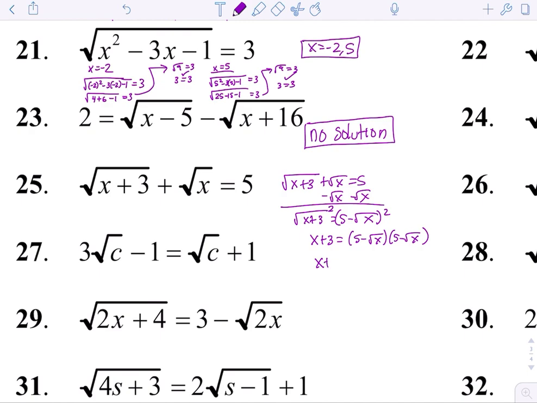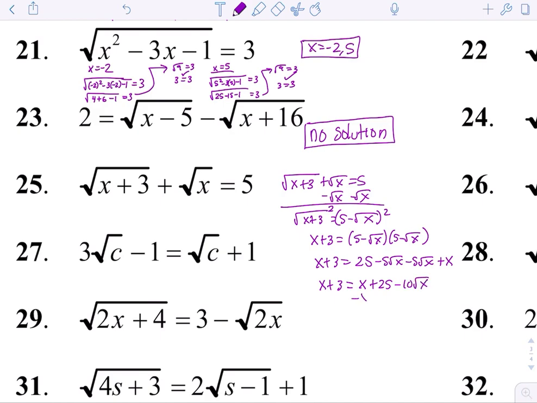We get x plus 3 is equal to 5 times 5, 25, 5 times negative rad x, negative 5 rad x, 5 times negative rad x, negative 5 rad x. Negative rad x times negative rad x is plus x. So we get x plus 3 is equal to x plus 25 minus 10 square root of x.